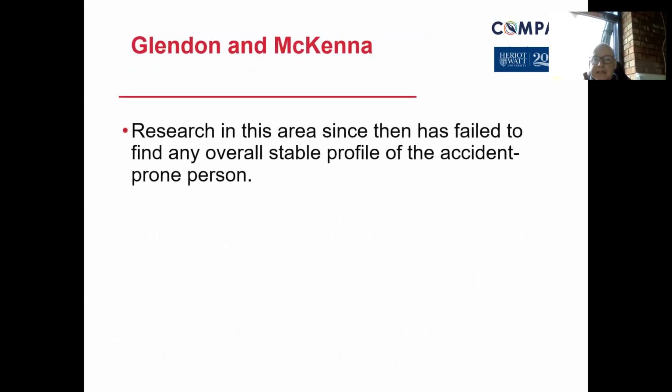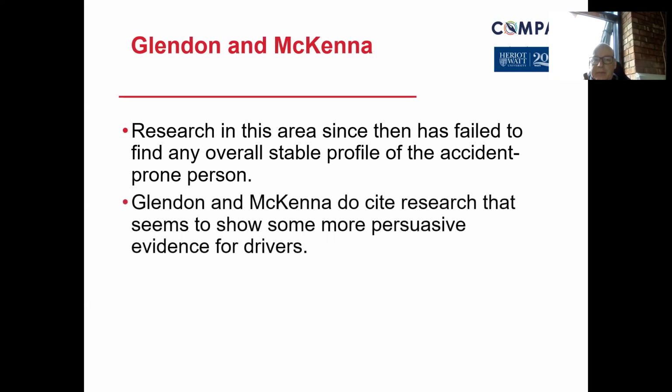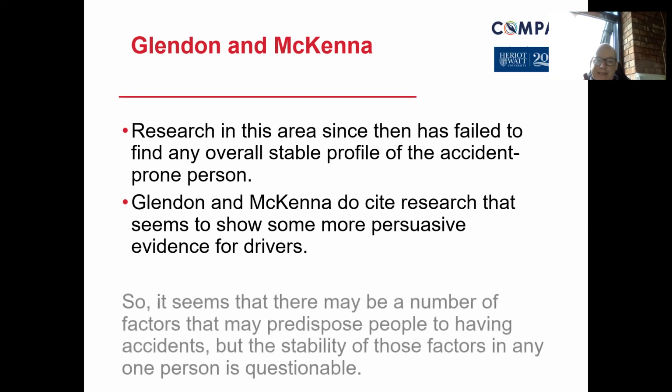Further from that, in their research in this area, since this has failed to find any overall stable profile of the accident-prone person, it did hit a few hiccups. Therefore, it was taken further by Glendon and McKenna, who cited research that seems to show some more persuasive evidence, because they were looking at drivers in particular, as to why some drivers have more accidents than others, or were more prone to have accidents.